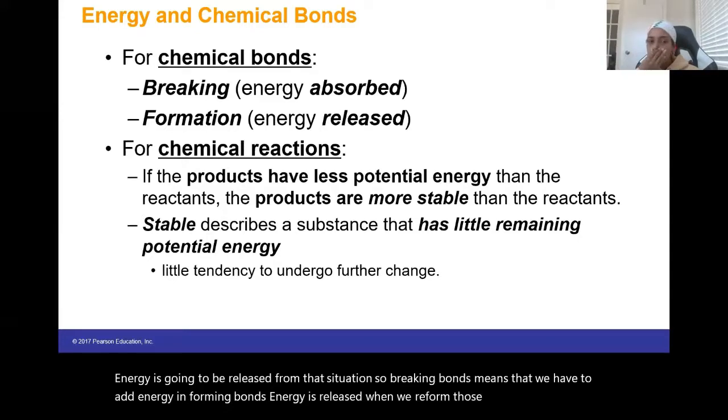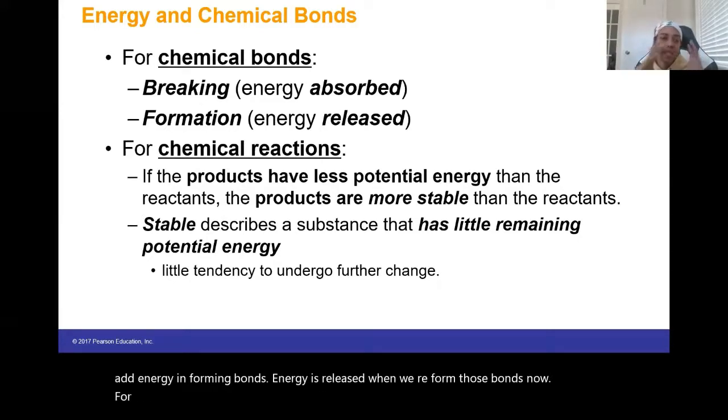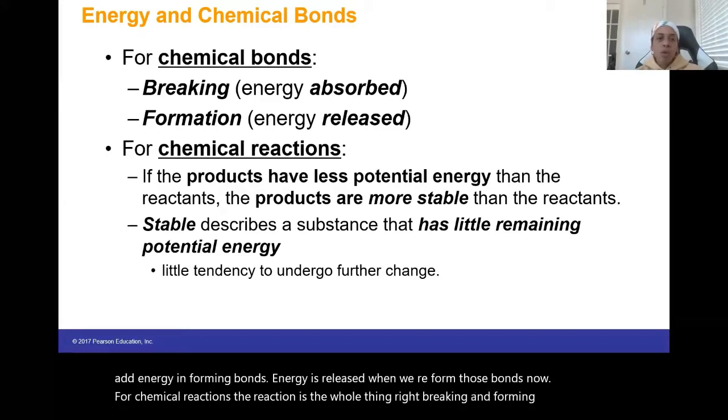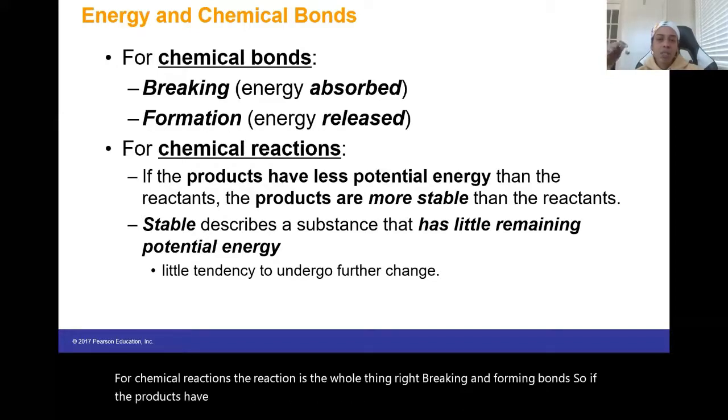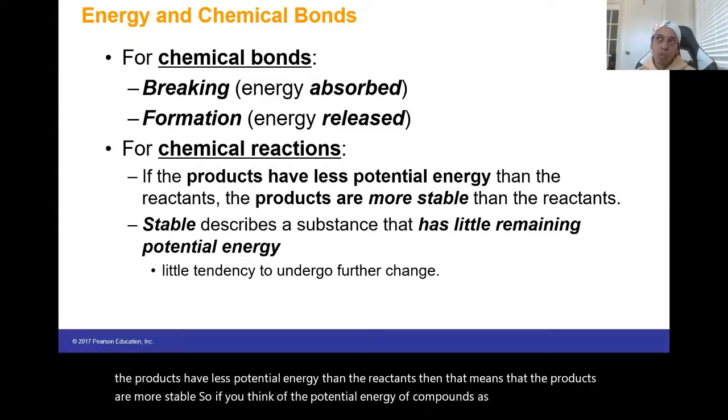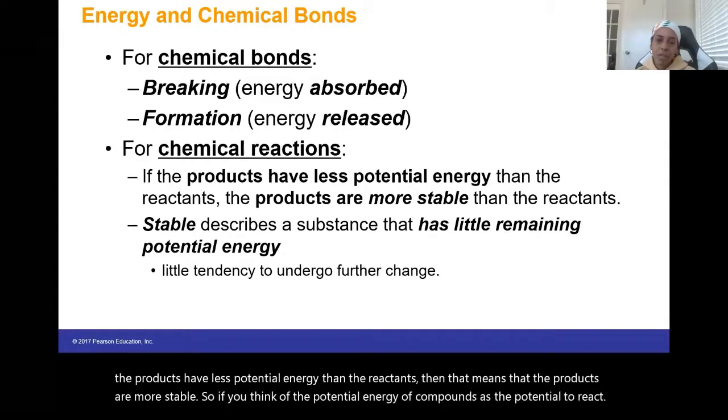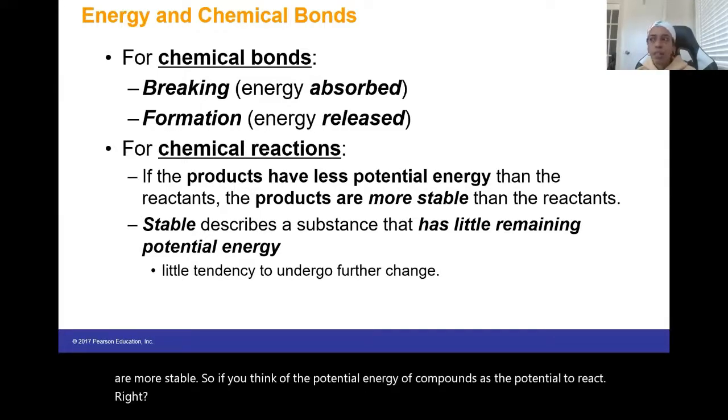Now, for chemical reactions, the reaction is the whole thing, right? Breaking and forming bonds. So if the products have less potential energy than the reactants, then that means that the products are more stable. So if you think of the potential energy of compounds as the potential to react, if a substance has high potential energy, it has a high potential to react, right?